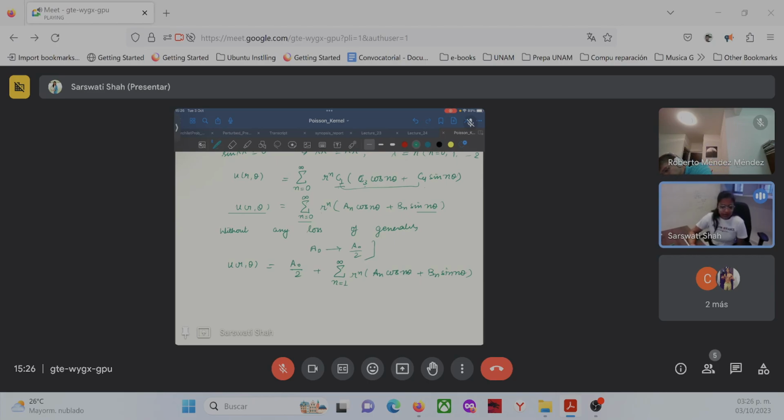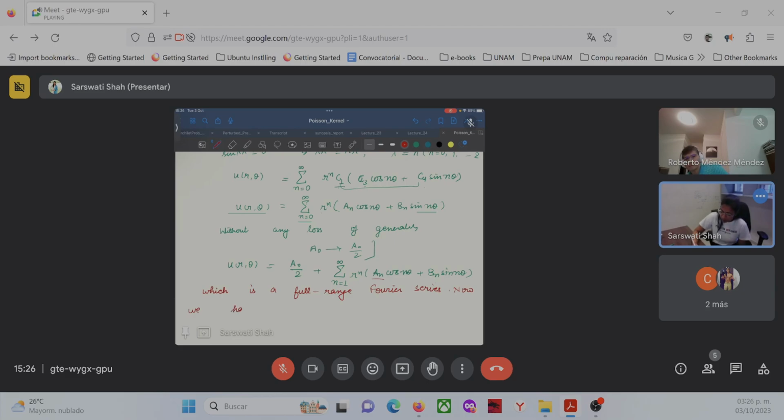So which is a full range Fourier series. Now our aim is to find the constants an and bn, because still an and bn are constants which are left unknown to us.